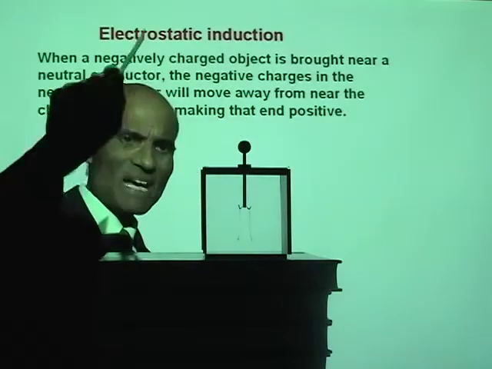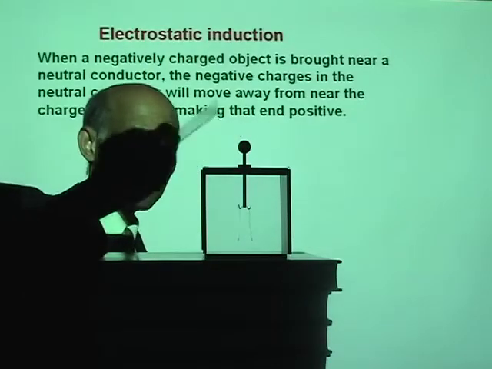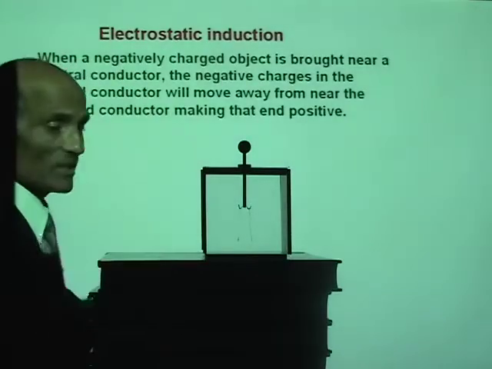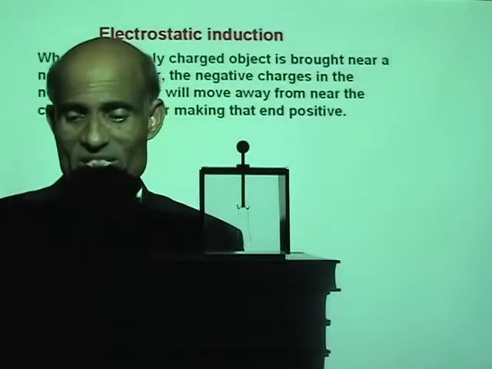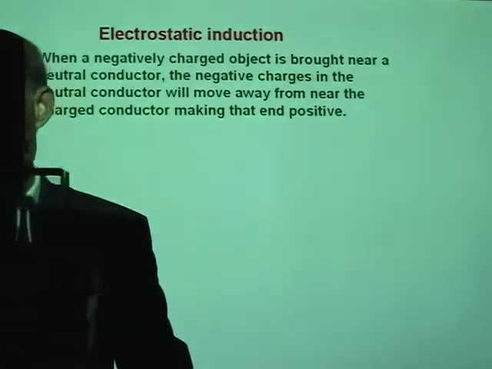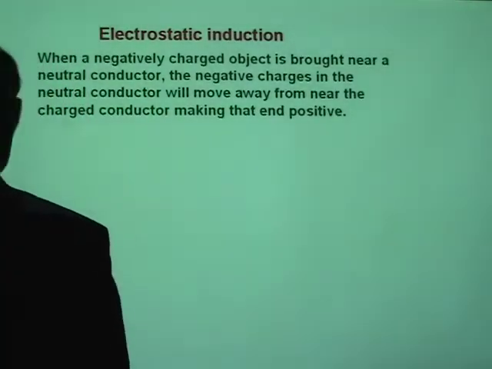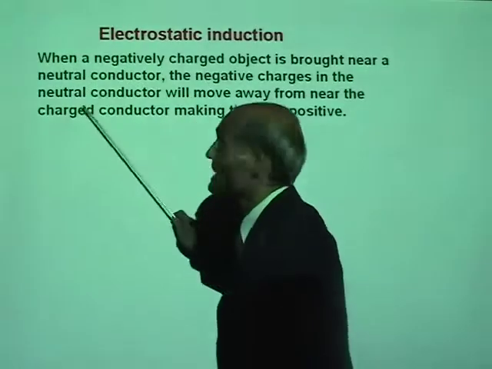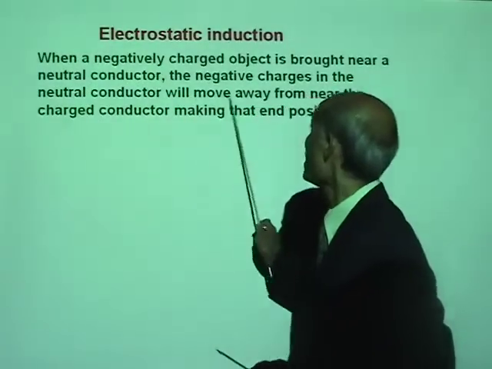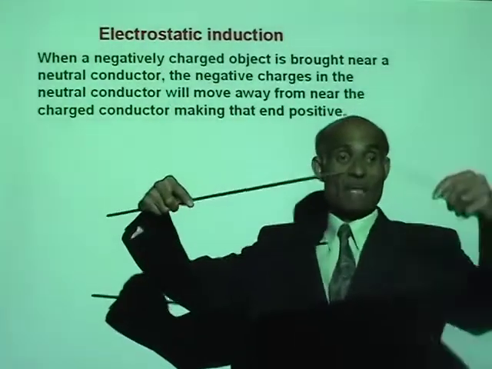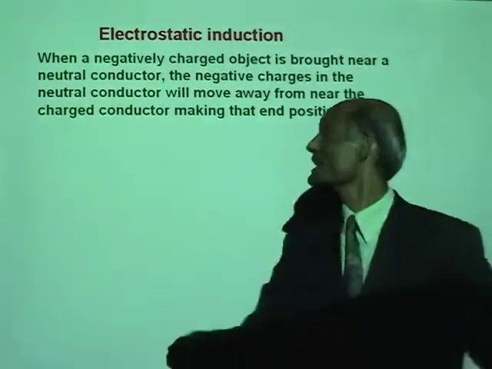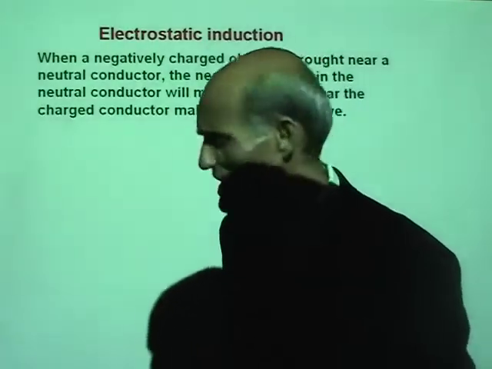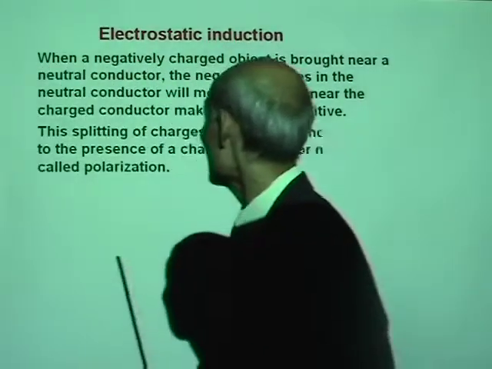So the leaves have now diverged. Now this process is called polarization. When a negatively charged object is brought near a neutral conductor, the negative charges in the neutral conductor will move away from that end towards the leaves. That process is what we call polarization.